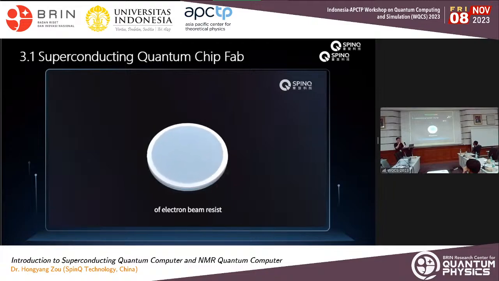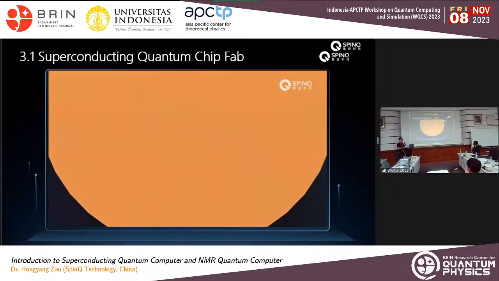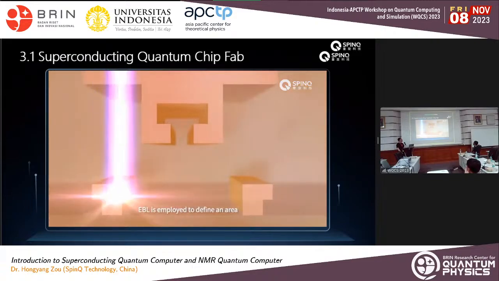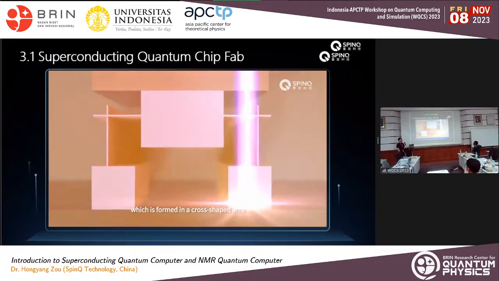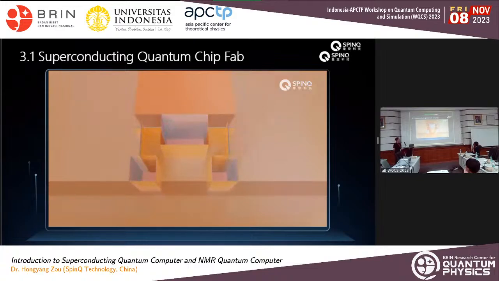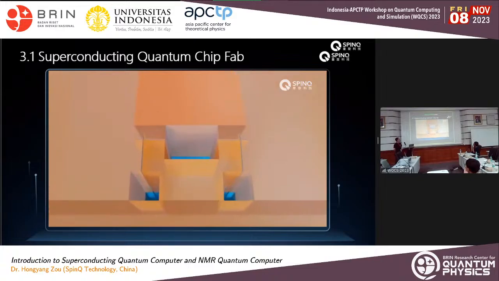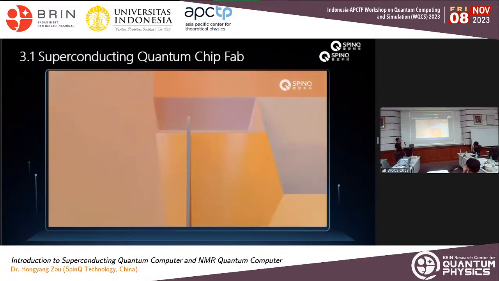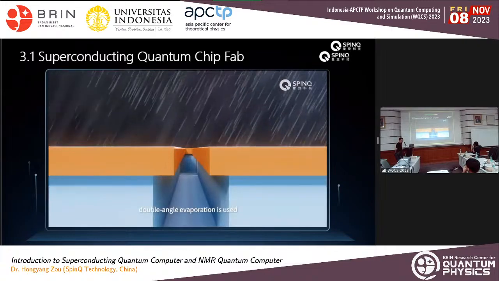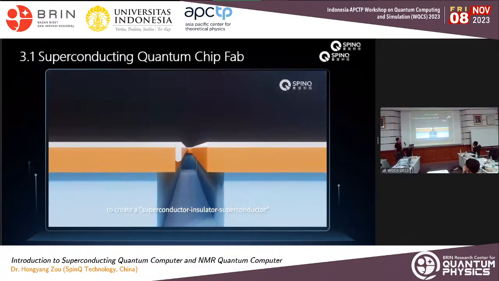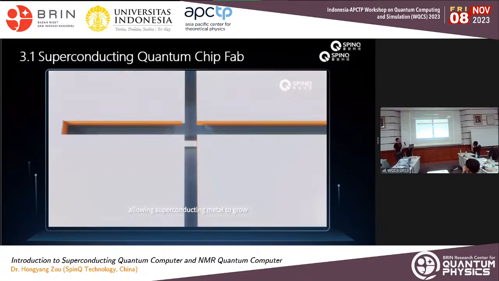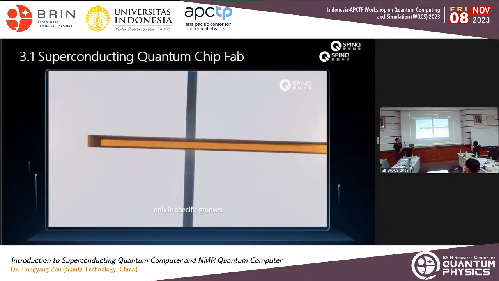Next, we apply 2 layers of electron beam resist to fabricate a Josephson junction circuit. EBL is employed to define an area for the Josephson junction circuit, which is formed in a cross-shaped area. A specific technique called double angle evaporation is used to create a superconductor-insulator-superconductor 3-layer structure, allowing superconducting metal to grow only in specific areas.